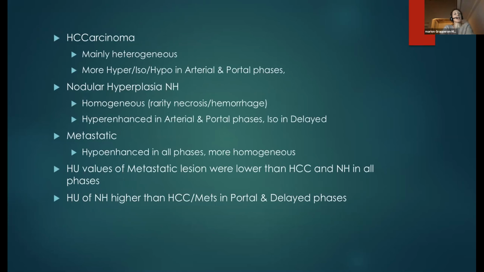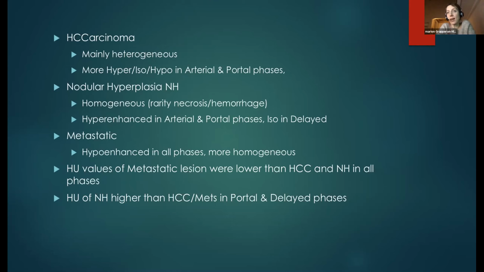The summary is not a very easy reading paper, because when you read the results and the discussion, there seems to be some contradiction. So I tried to get the best of it, and it's quite simple. The hepatocellular carcinomas were mainly heterogeneous.